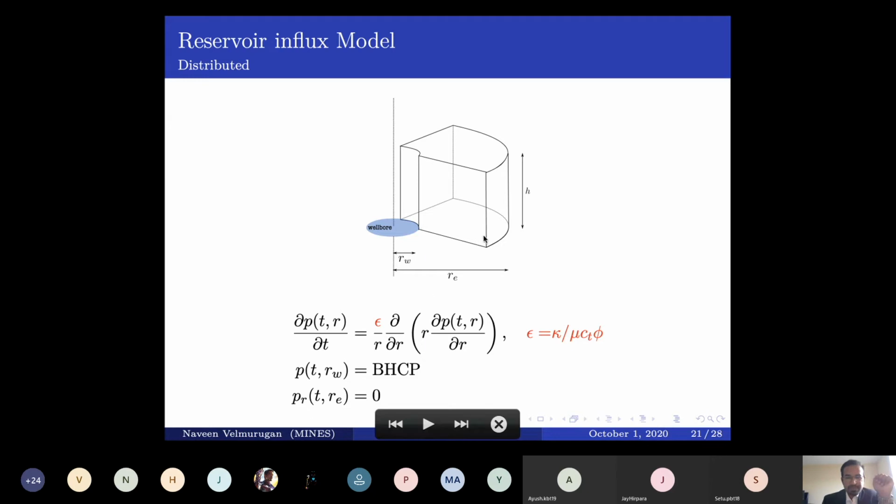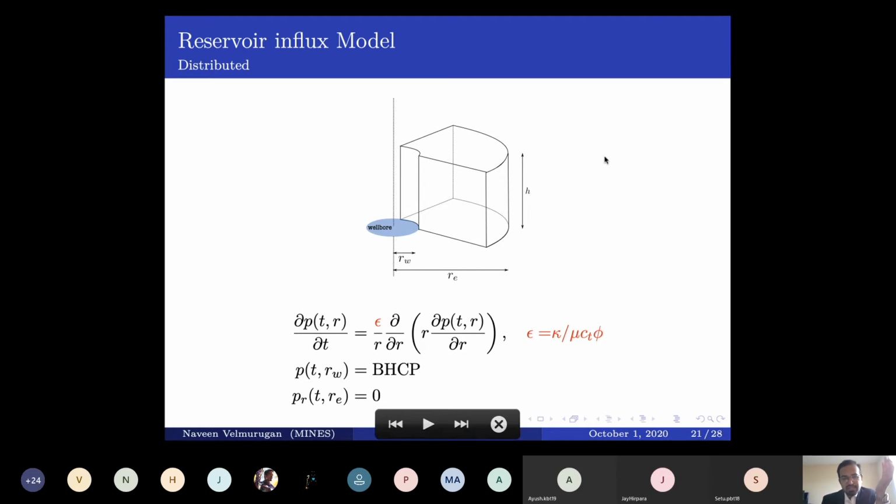And at the infinite extent of the reservoir, you set the flux to be zero. This is a valid assumption when you have a native reservoir. Well, let's put it in a different way.